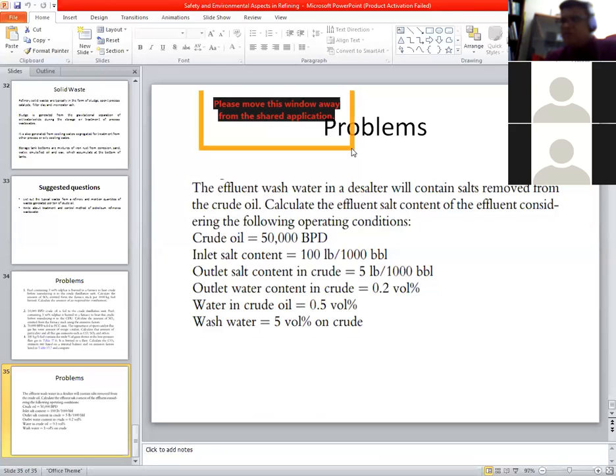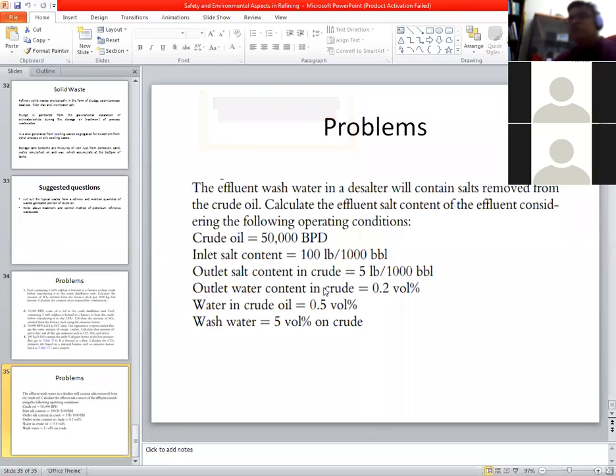Doctor, must convert into cubic feet per day, right? Same thing, we have to convert because the salt removal mass flow rate, which unit did you get? Pound per day, right? Okay, then this one should also be pound per day.